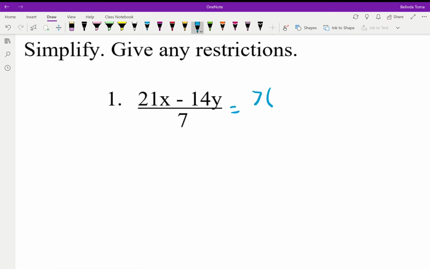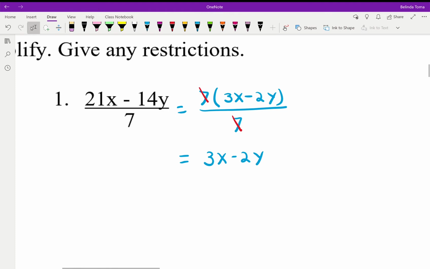So if I factor out the common factor of 7, I end up with 3x minus 2y in the numerator, and I already have a 7 in the denominator. This allows us, now that we're in factored form, to cancel out the 7's and reduce the answer to just the simplified form of 3x minus 2y.